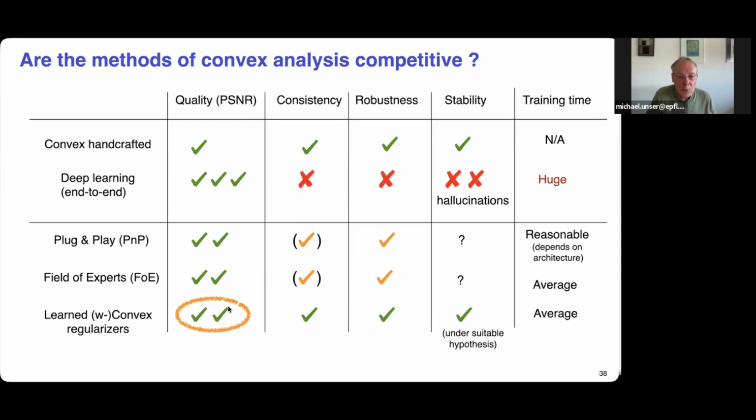Now if we compare with other schemes like plug and play and field of experts, we are in the same ballpark, but the advantage that we have is that, because there's L1 in the background, we have guarantees of consistency, robustness, and stability under suitable conditions. Essentially we have the same math as with compressed sensing, because once you have learned, you are in the scenario of compressed sensing.